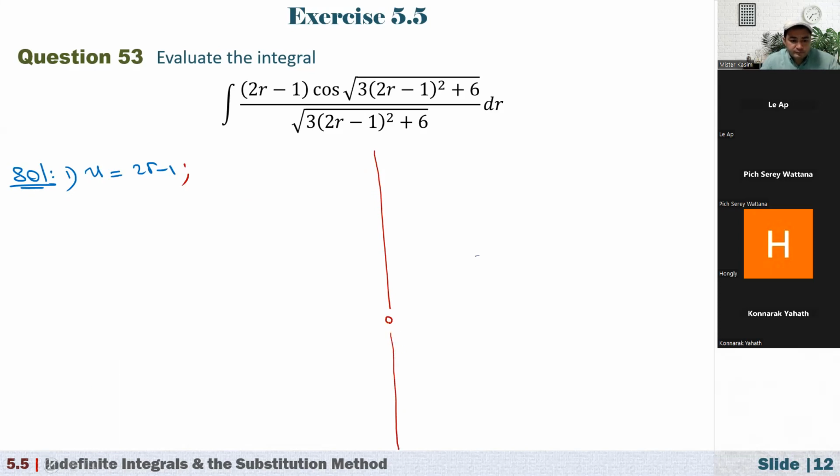Then here we have du is equal to 2 times dr, okay? Or dr is equal to 1 over 2 du.